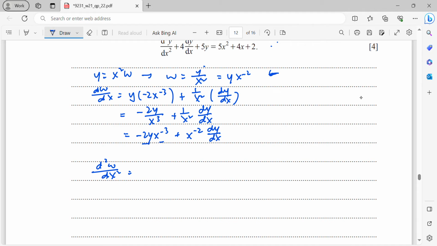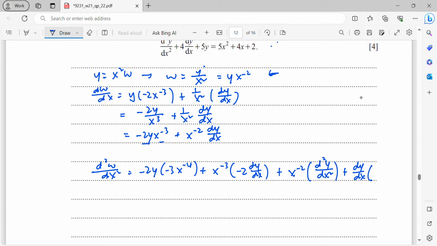Right, so you can write this: keep, differentiate, so minus 3x negative 4, plus keep the x power negative 3, differentiate minus 2y, it will be minus 2 dy dx, plus keep the x power negative 2, differentiate dy dx is d squared y over dx squared, then plus keep the dy dx and differentiate x power negative 2 is negative 2x negative 3.